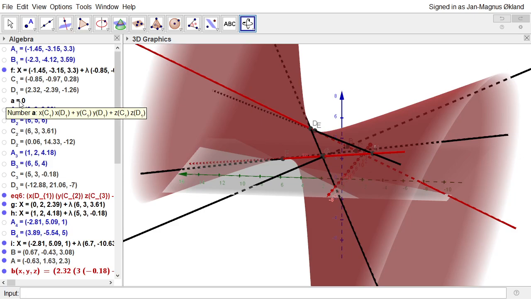And this number A here is always 0 because it's called the Plücker relation.